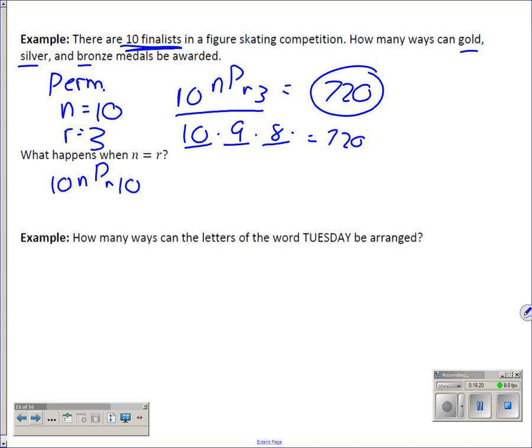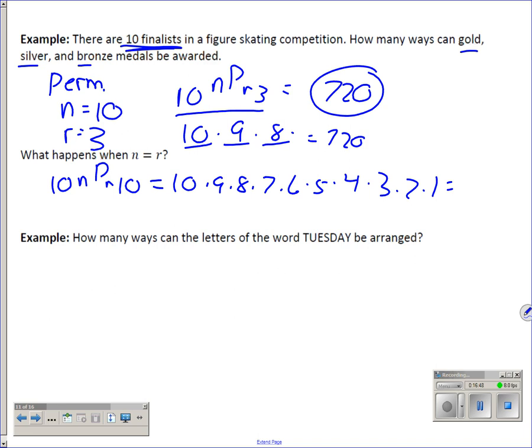It's just for the examples where you can't repeat something, when you're just going down by 1 each time. In this case, n and r both 10, 10P10, that's the same thing as 10 times 9 times 8 times 7 times 6 times 5 times 4 times 3 times 2 times 1, because I'm saying go down by 1, 10 times.